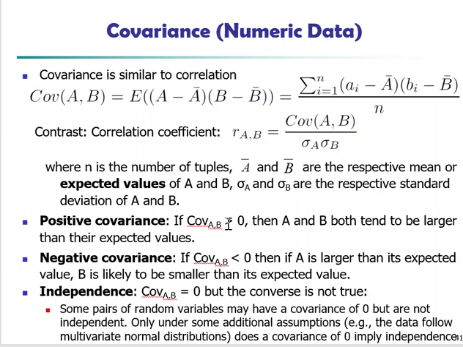If the covariance is greater than 0, then A and B both tend to be larger at the same time. So we will see those, we have a positive correlation. If the covariance is less than 0, then we have a negative covariance. In practice, to compare correlations, we always use Pearson because it's normalized.